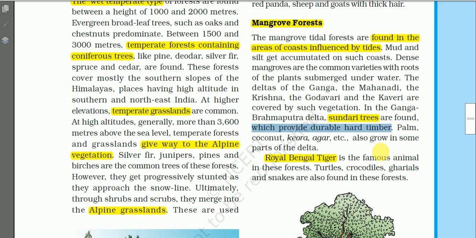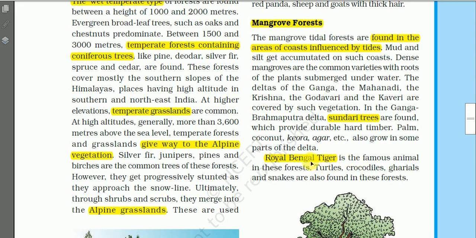It is used in making boards, carton boxes and matchsticks. So this Sundari tree is very good timber. Then palm, coconut, kiora, agar. These are the other trees grown in this area.